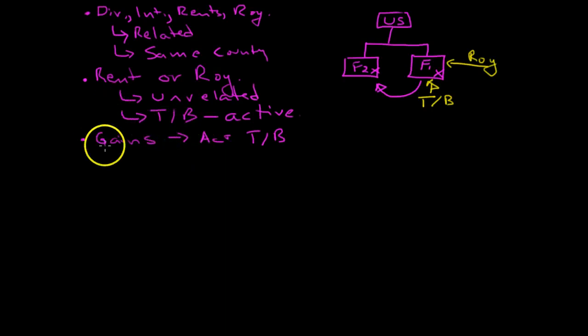The next item, again, and you're going to see a common theme here, is foreign currency or commodities, where the foreign currency or the commodity is connected to a business, right?